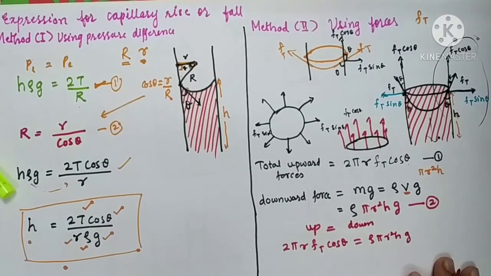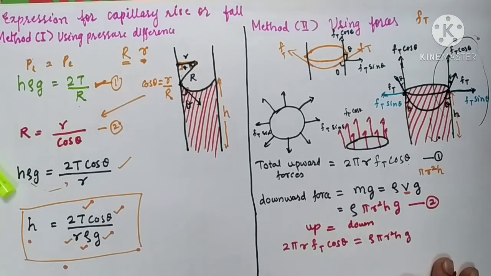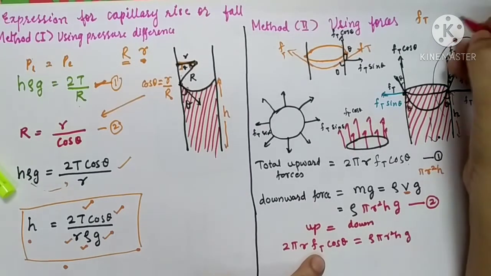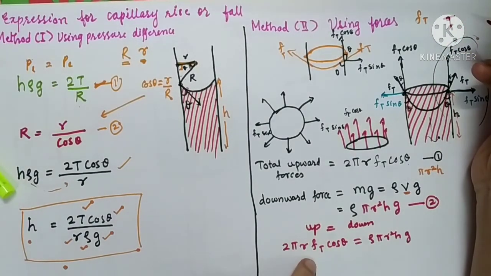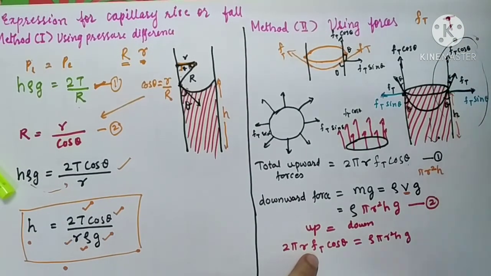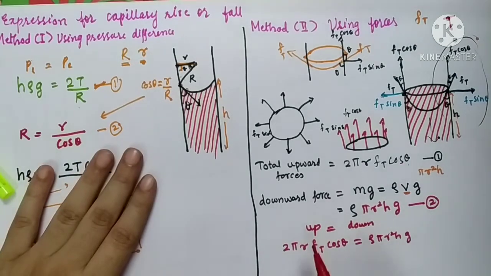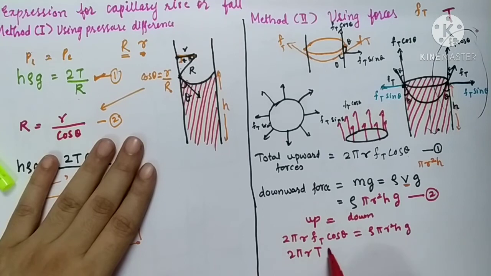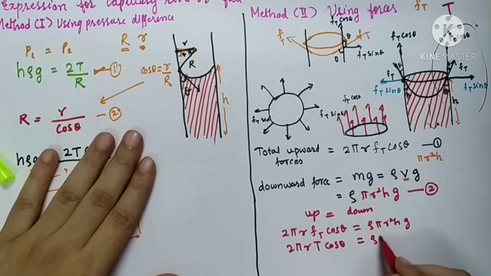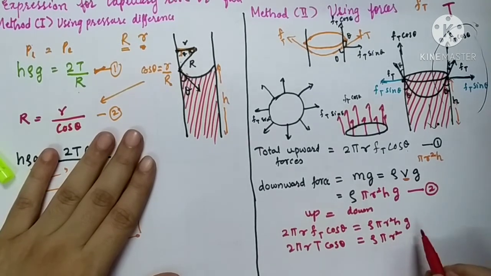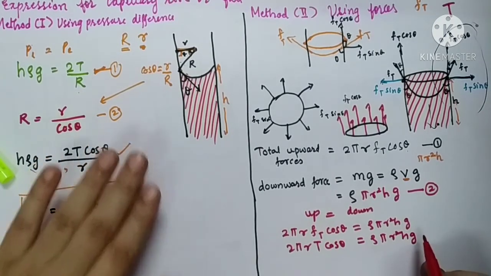And we all know that the force due to surface tension is written as T only. So in place of Ft, we can write T. Cancel: 2 pi r T cos theta is equal to rho pi r square h into g.